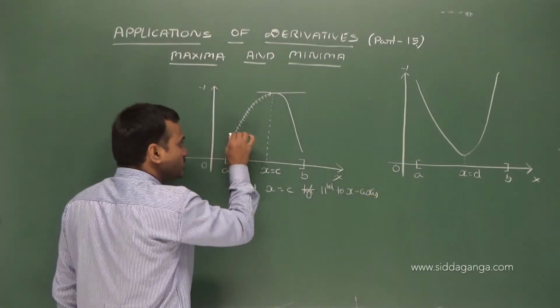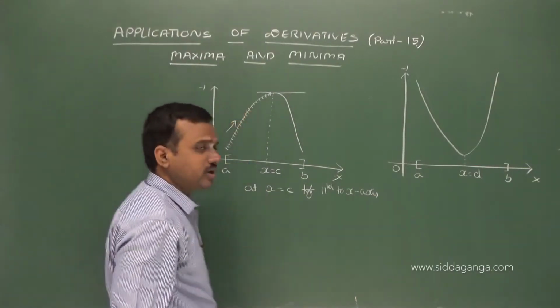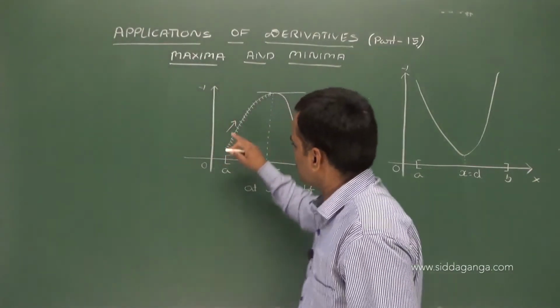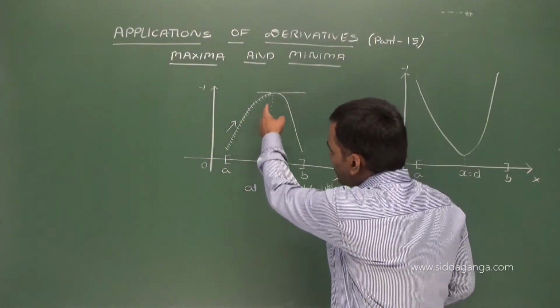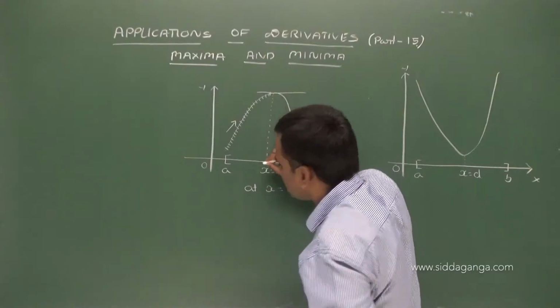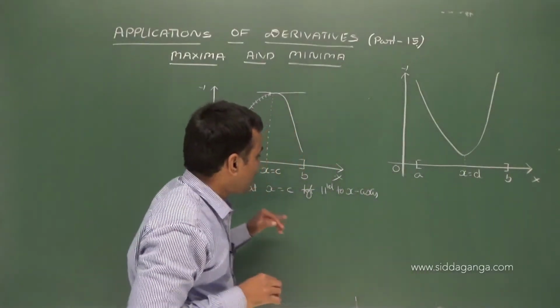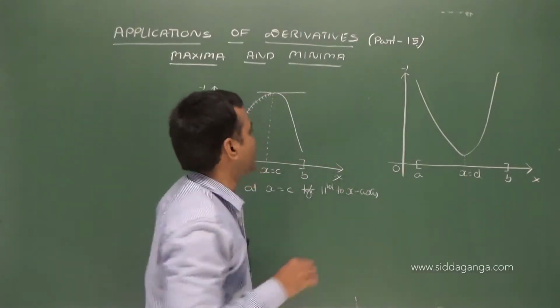Firstly, the tangent goes on increasing, that's why I write an arrow mark like this. The tangent goes on increasing, and at the point x is equal to c, the tangent is parallel to x axis.